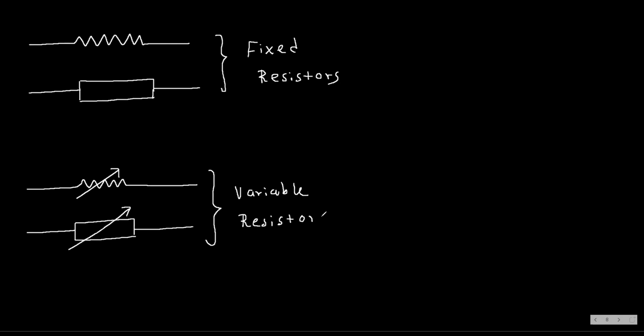Its resistance can be changed. Can anyone tell me examples for variable resistors? Rheostat. Another one. Resistor box. Yes, resistor box.